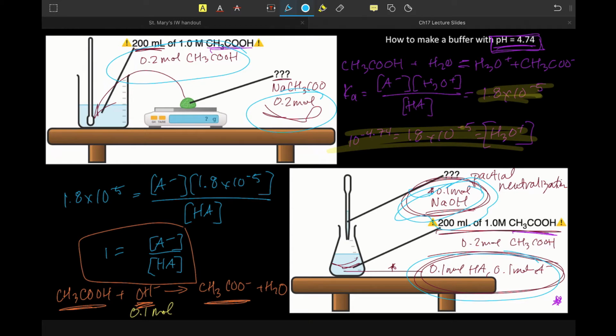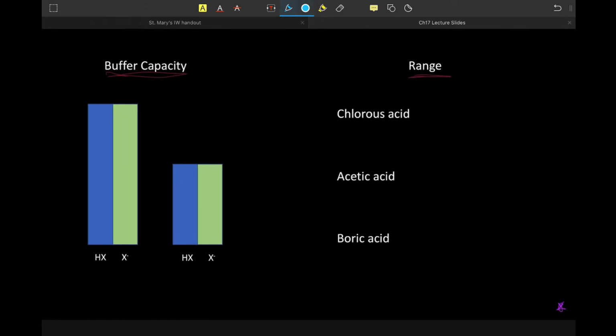So if we think about what that means in terms of the language we're talking about here, buffer capacity is the ability to neutralize. If I had 0.2 moles of HA and A minus versus 0.1 moles of HA and A minus, which of those has a greater buffer capacity?